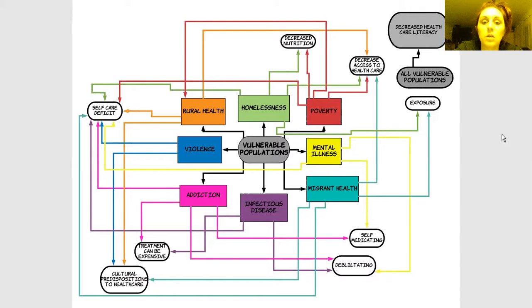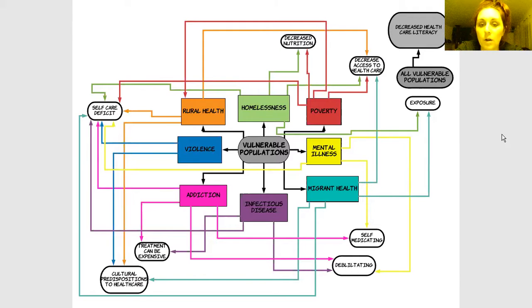And naturally, we make the assumption that the homeless population might not always have a meal, might not always have the next meal, might not always have a nutritious meal at that, and may not have hydration as well. And lastly, again, decreased access to healthcare. Of course, this population of people might not have the time, the money, and or even know that they need healthcare for any certain thing.